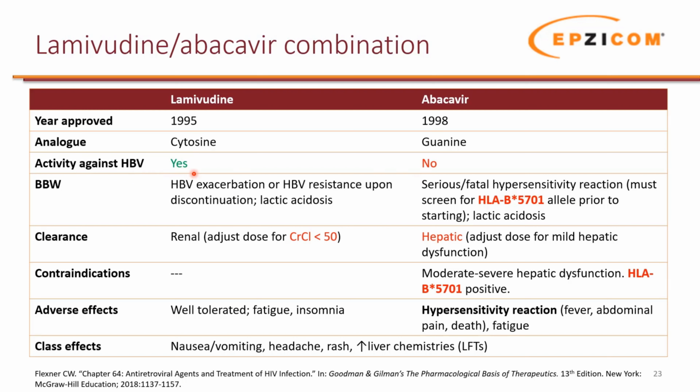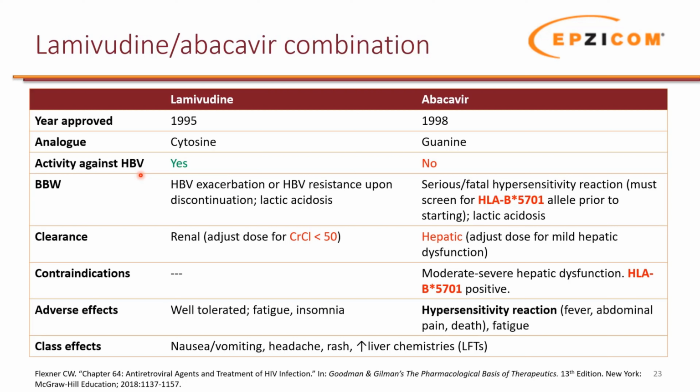So it's important to make sure that you are aware whether the patient is also co-infected with hepatitis B. Because, for example, if we are using something that covers hepatitis B and then later you decide to switch it to something that does not cover hepatitis B, the patient can have reactivation of hep B and possibly hep B flares, which could potentially be fatal.